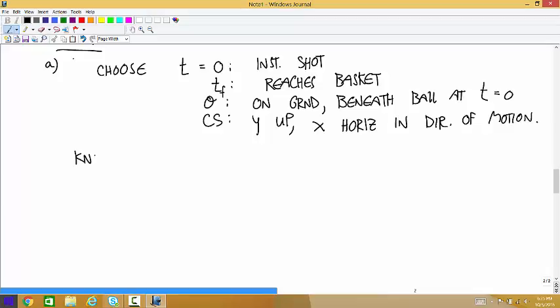And now figure out what we know and want. Do we know time final? No. Acceleration, it's in free fall, so we know AX is 0. AY is negative 9.81. Do we know P initial?